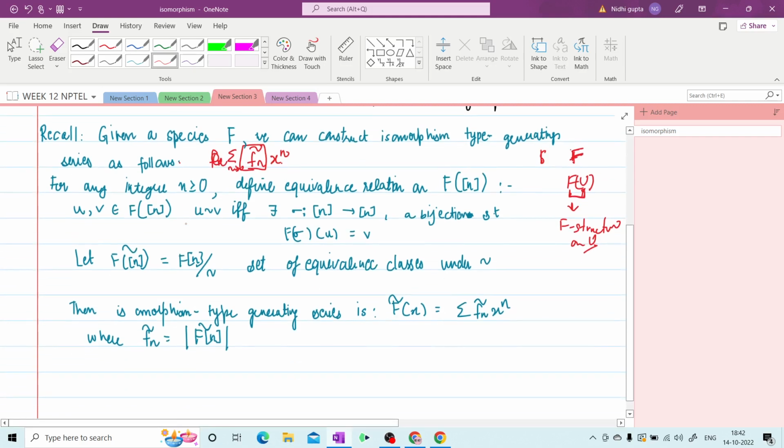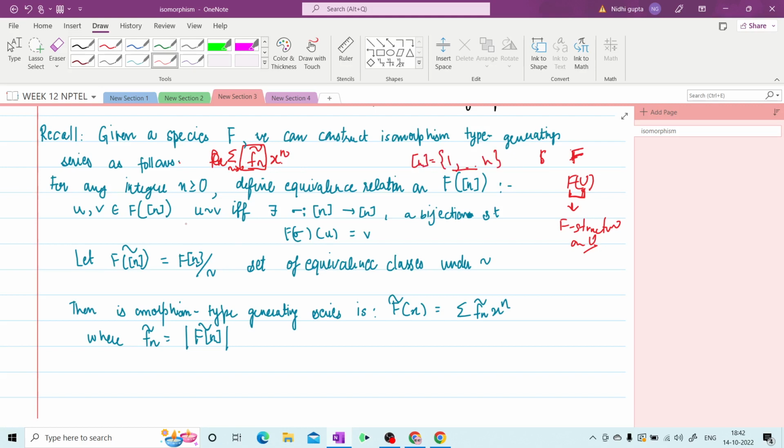So how do we do this? For any integer n greater than or equal to 0, we look at the F structure on any set u which has n elements, so without loss of generality, we can take this set to be n.